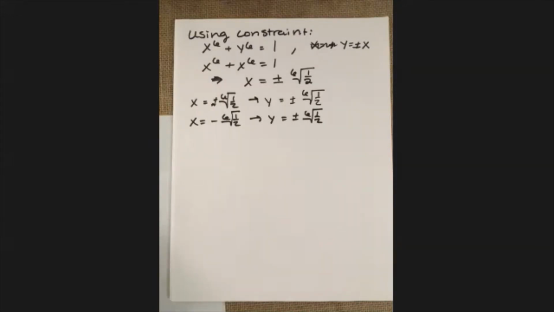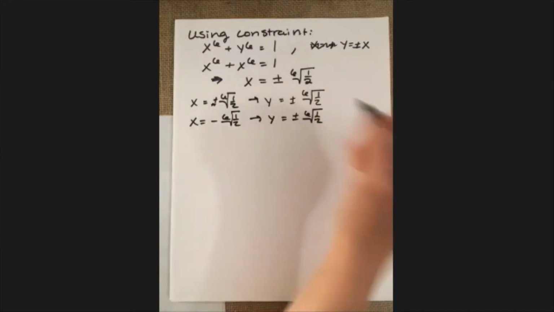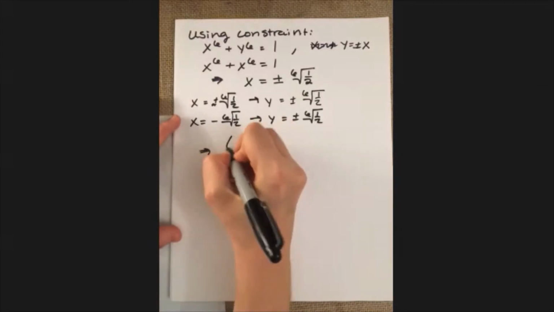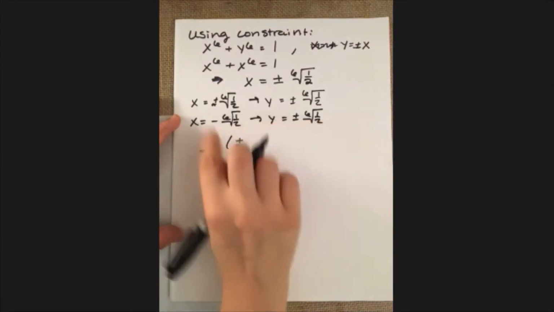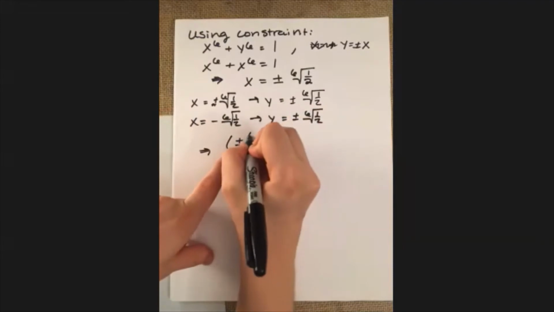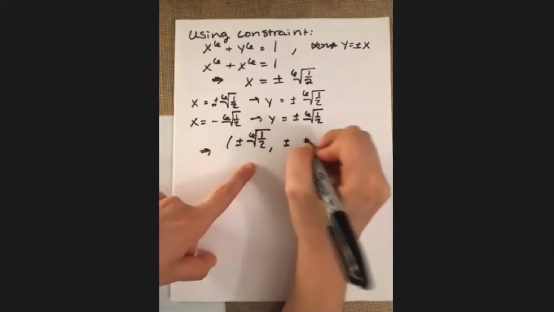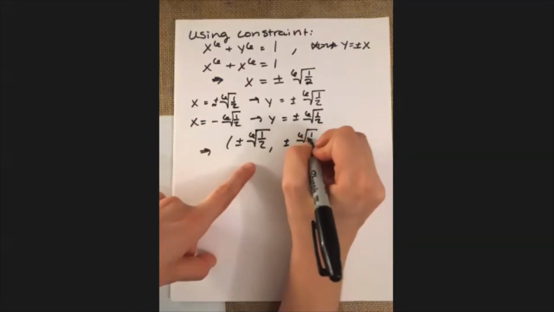But I want to show you what would be kind of the shorthand to denote that you have all 4 possible critical points. What this looks like is plus or minus. So if we want to talk about the x is plus or minus 6th root of 1/2, and then we can have plus or minus 6th root of 1/2.